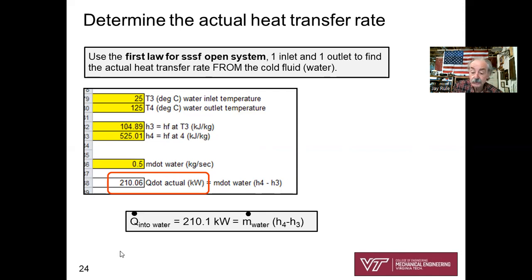We'll use our first law, W dot equals 0, to see that Q dot into the water is equal to m dot times h4 minus h3, and numerically that's 210 kilowatts. So we've got an immediate answer for the heat transfer into the water, which exactly equals the heat transfer out of the exhaust gas.